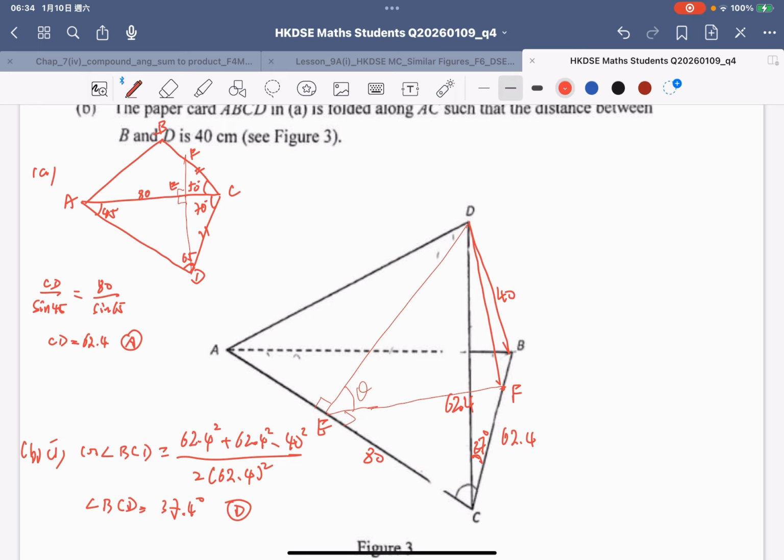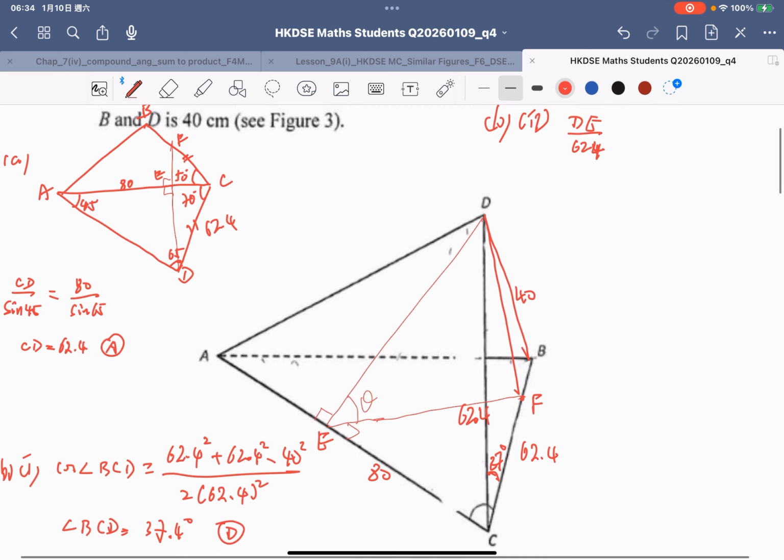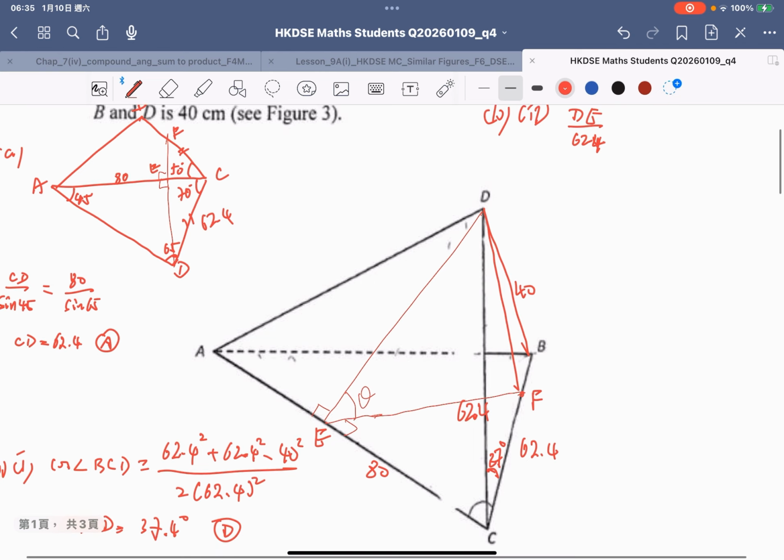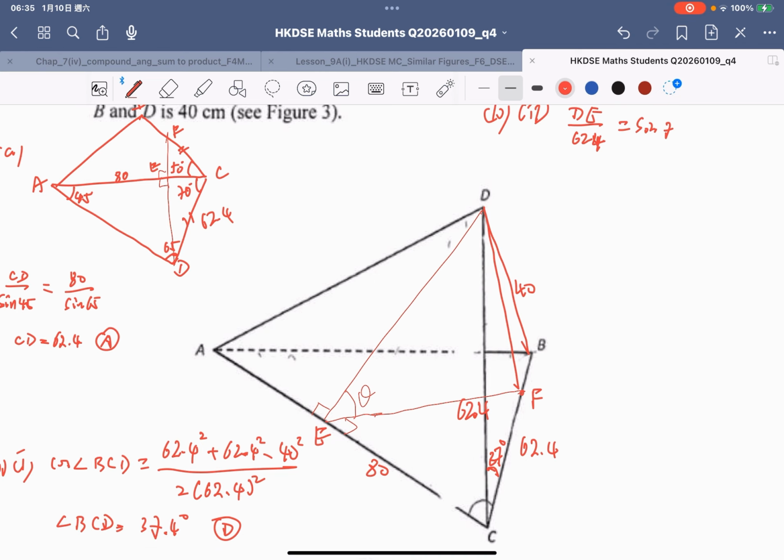First step, I calculate DE. Because this is 62.4, DE over 62.4 equals sine 70.